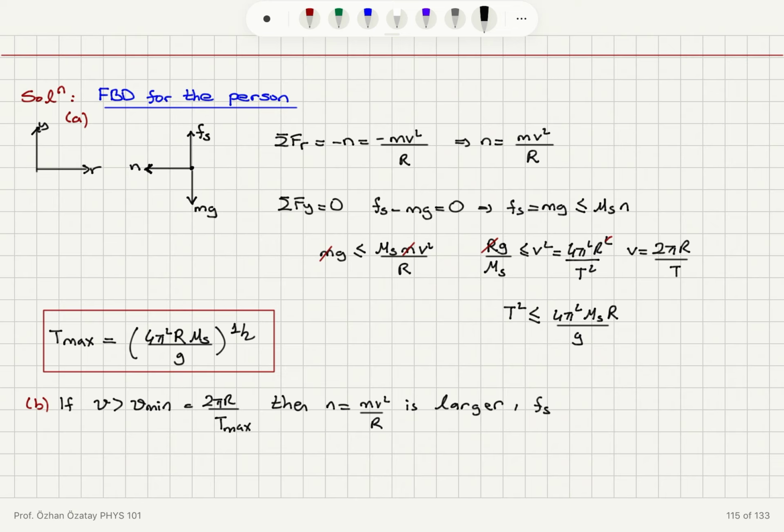And the static friction Fs is equal to mg, which doesn't change. So this condition is satisfied, and the person is safely held against the wall.